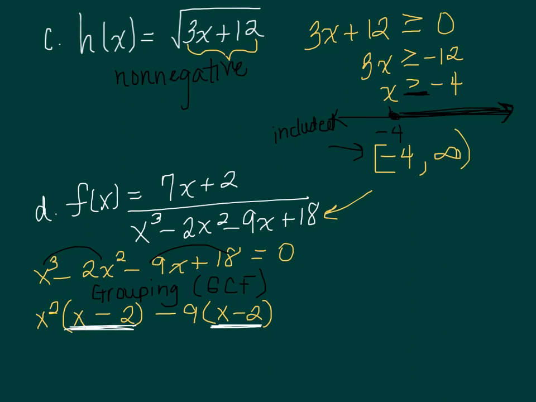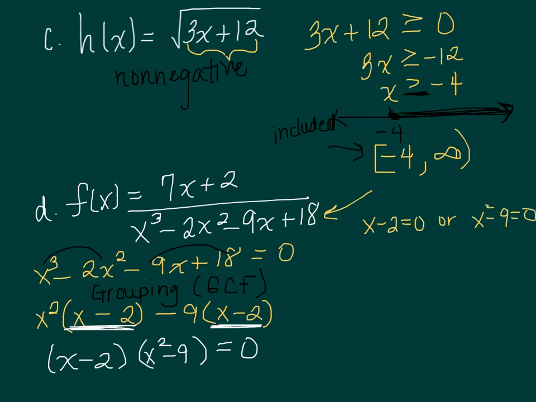So then when you write your factors, you're going to get the x minus 2, because that's what they had in common, and then x squared minus 9. And then you're going to set each one equal to 0. So I have x minus 2 equal to 0, or x squared minus 9 equal to 0.